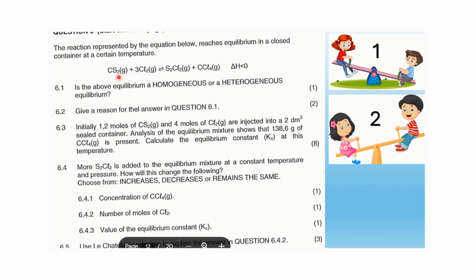In this case, CS2 increases, Cl2 increases, S2Cl2 decreases, CCl4 decreases.